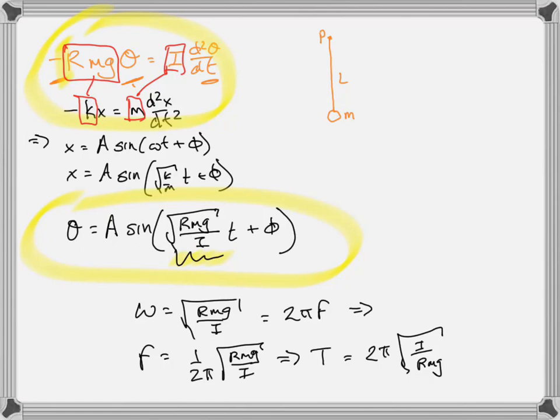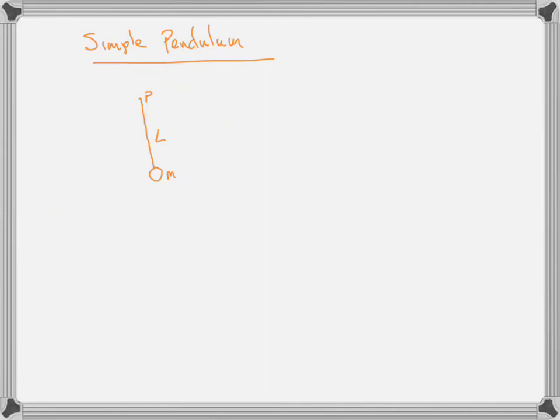For the physical pendulum, the distance between P and the center of mass of the system was R. As a reminder, the simple pendulum is a point mass at the end of a massless string of length L, pivoted around a point P.